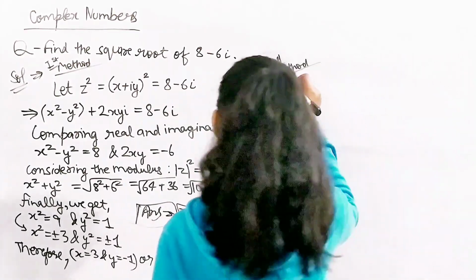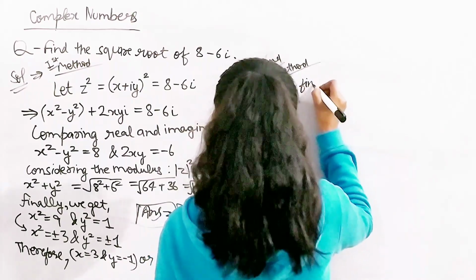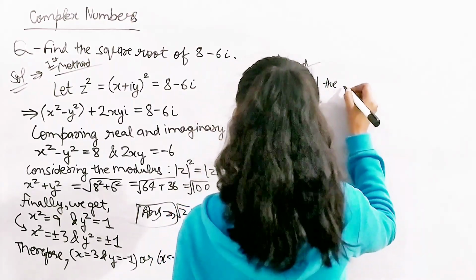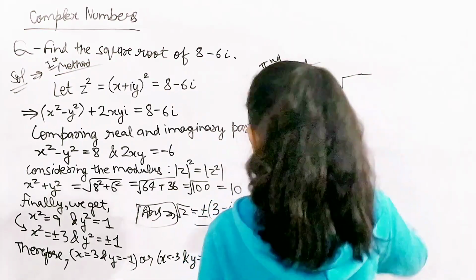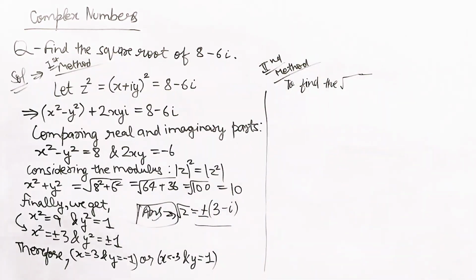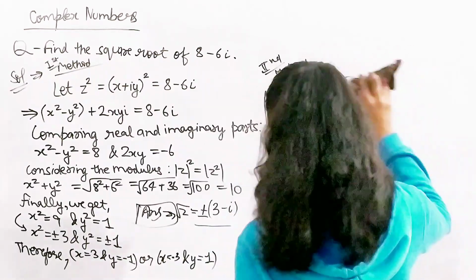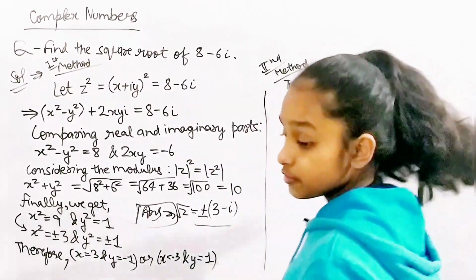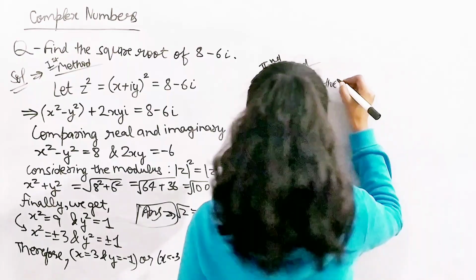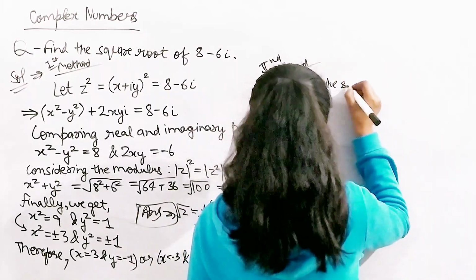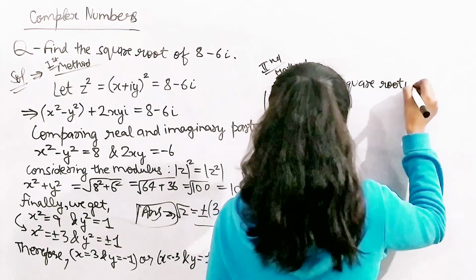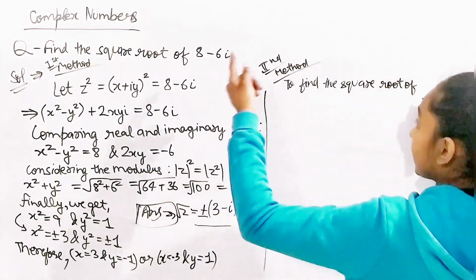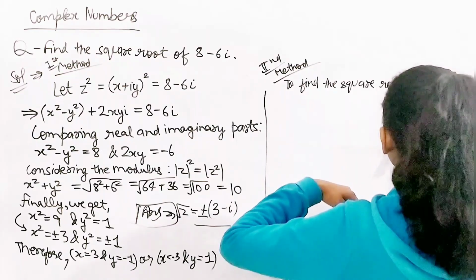So to find the square root of, okay, how about writing it too? To find the square root of what do we have to find? 8 plus 6 iota.